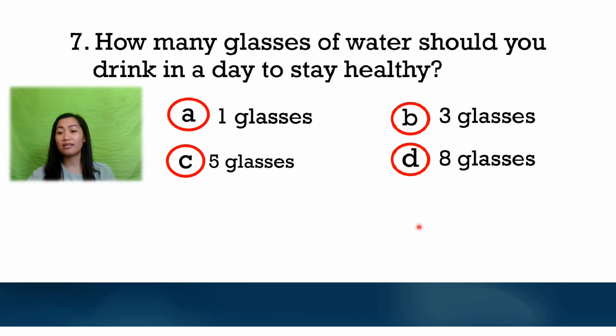So how many glasses of water do we need to drink every day? The minimum. So I think you have your answer already, so you can write it in your notebook. Okay, let's move on to number 8.